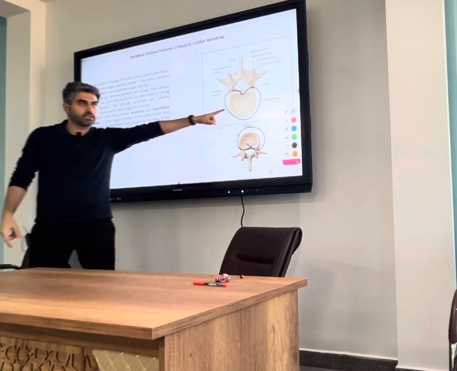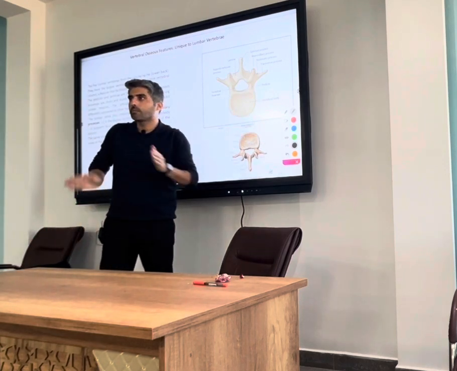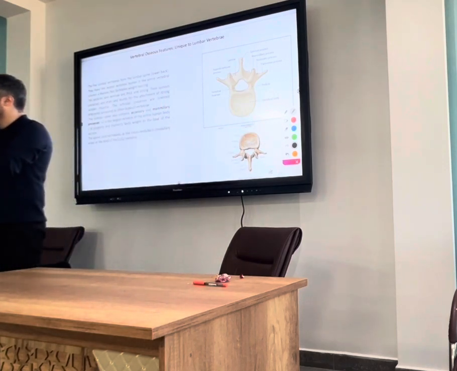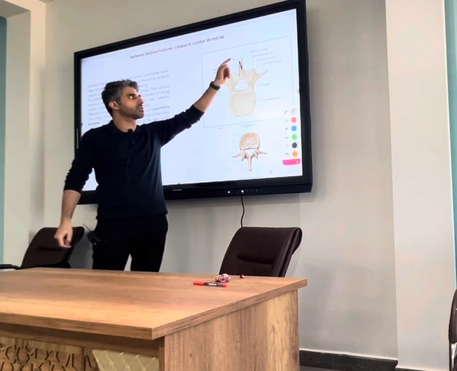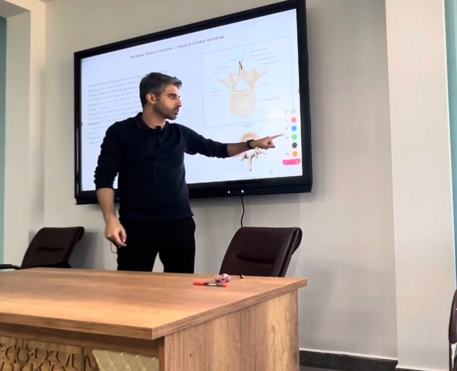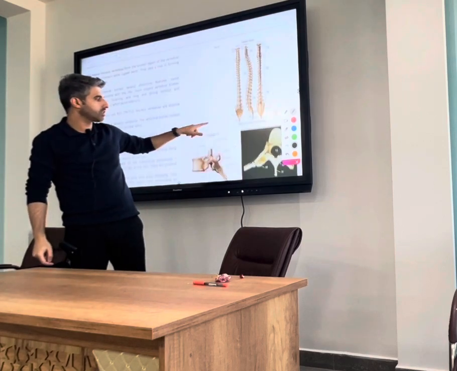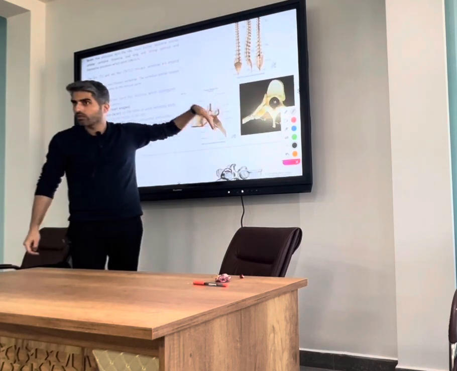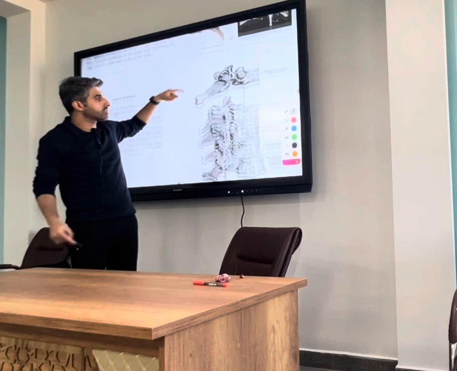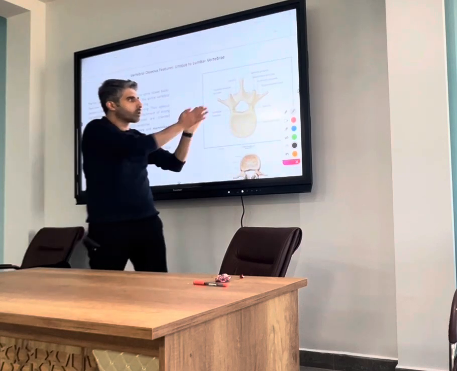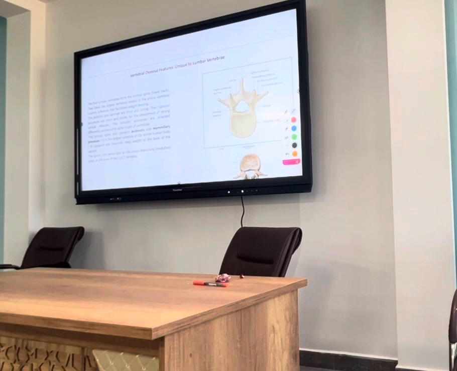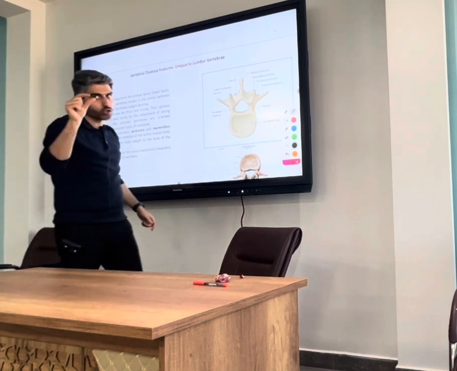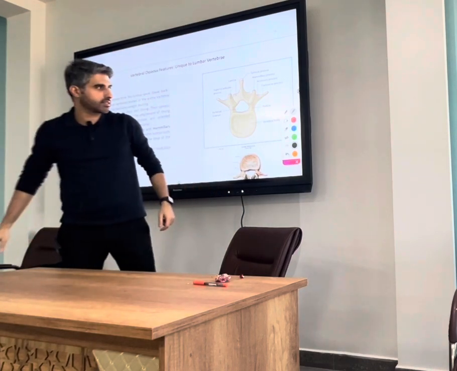You can see here, the processes are very short. They don't have long processes. For example, look at the spinous process. It's very short. Look at the spinous process of the thoracic region. Very long. But in the lumbar region, the processes, all of them, are short but flat.